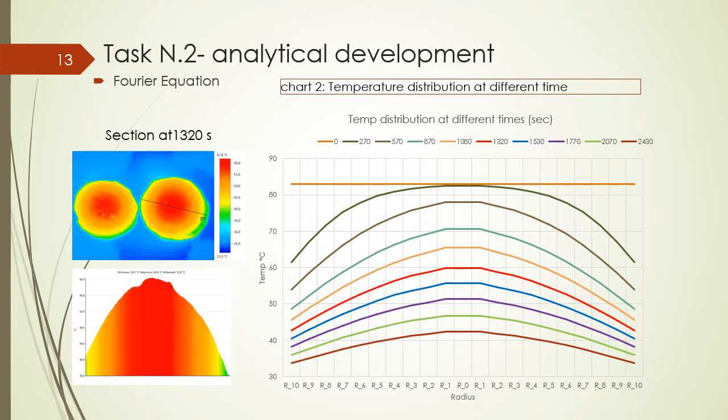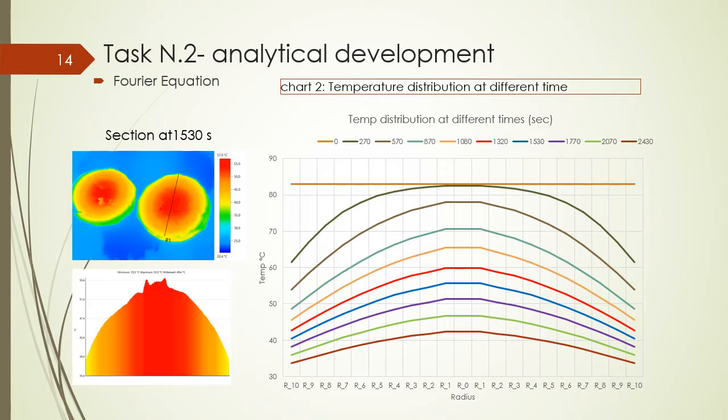For time 1320 seconds, we observe the same, so the red curve is also fitting the experimental values got by the thermo camera. For time 1530 seconds, the blue curve is also fitting quite well the experimental values.